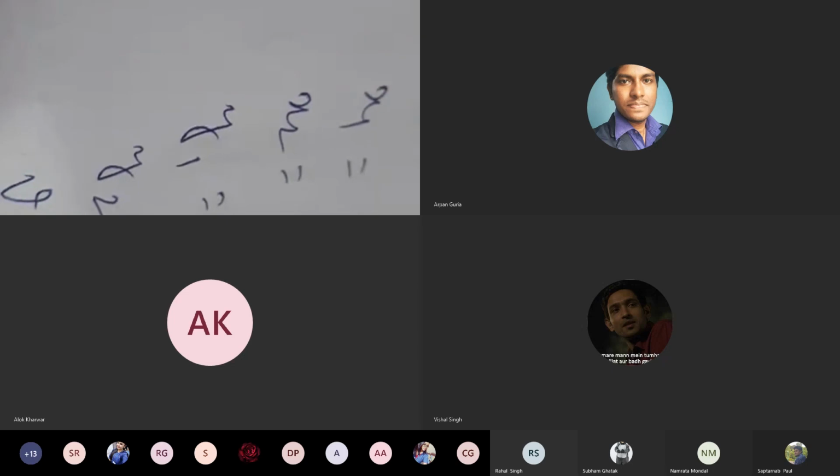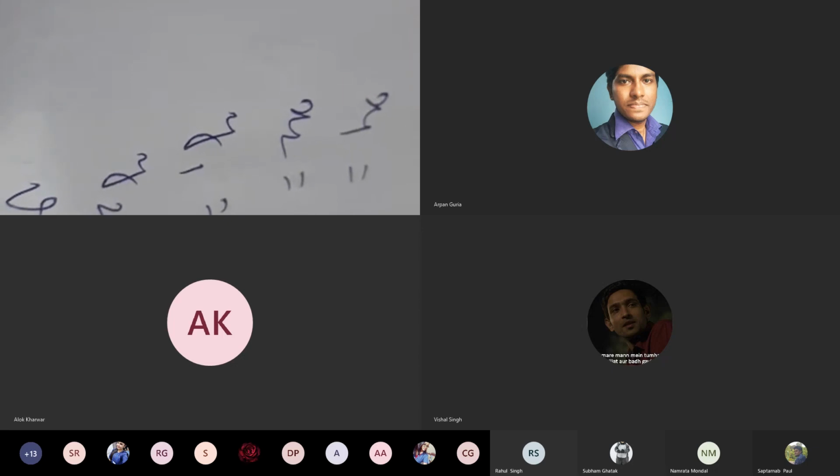Let me repeat once again. In case of game theory, you always try to find out the value of the game through the saddle point. But in some cases, you will not get the saddle point following the maximin or minimax principle.